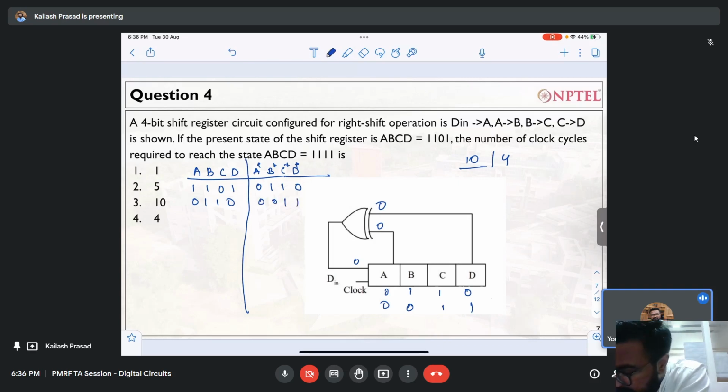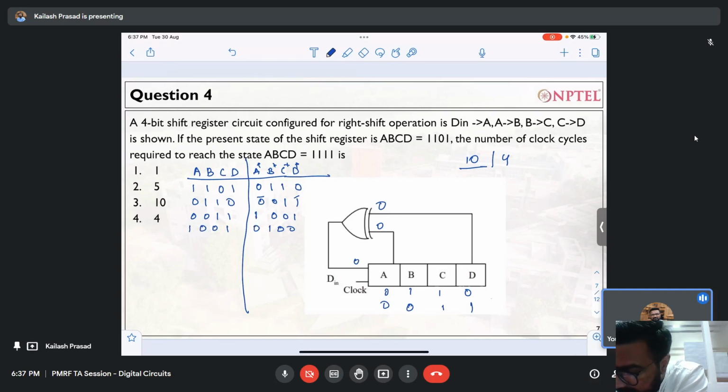Similarly, if 0 0 1 1 comes here, let me quickly do it. This will be 0 0 1, and this will be XOR of this one and this one, so 1 0, this will be again 1. So if 1 0 0 1 is here, this will be 1 0 0, and this will be XOR of 1 1, that is 0.